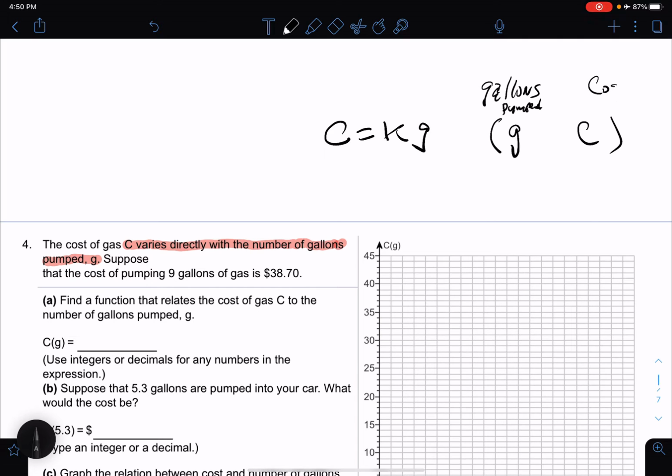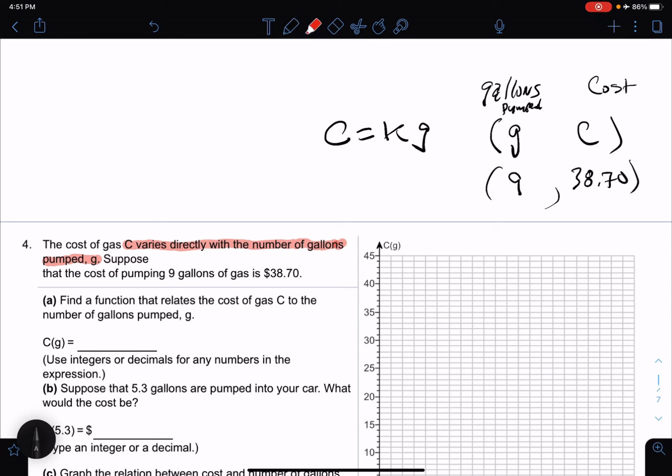And C is the cost of the gallons pumped. So let's see, what's it saying? It says suppose that the cost of pumping 9 gallons of gas is $38.70. So find the function that relates the cost of gas C to the number of gallons pumped.